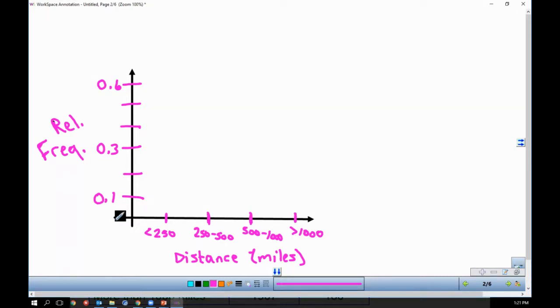Okay, now here's where the different colors come in. We've got to do one for students and one for parents. So for me doing the graph on here, I'm going to do just a solid blue square for students.